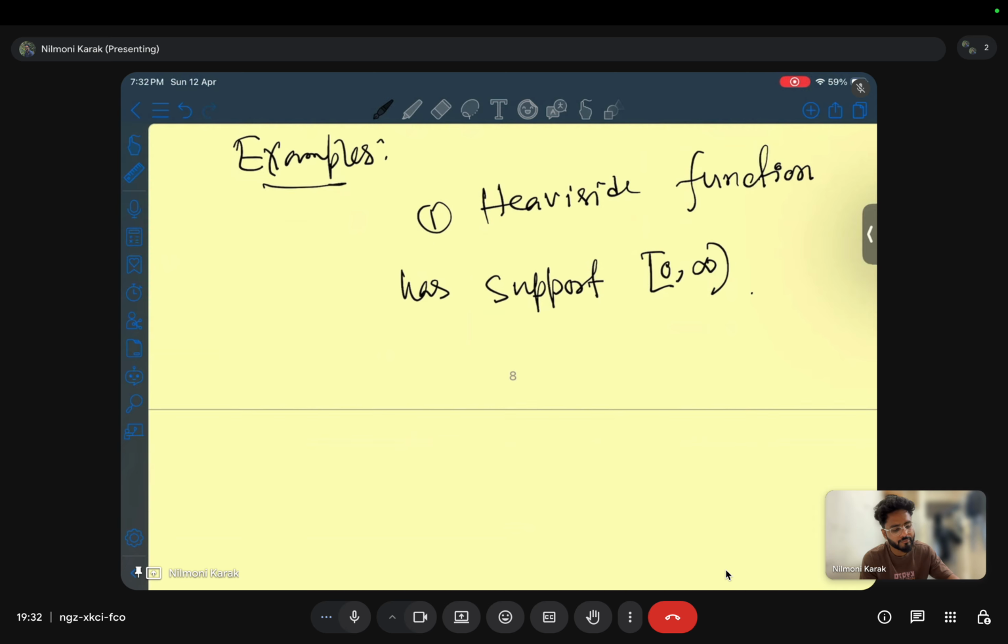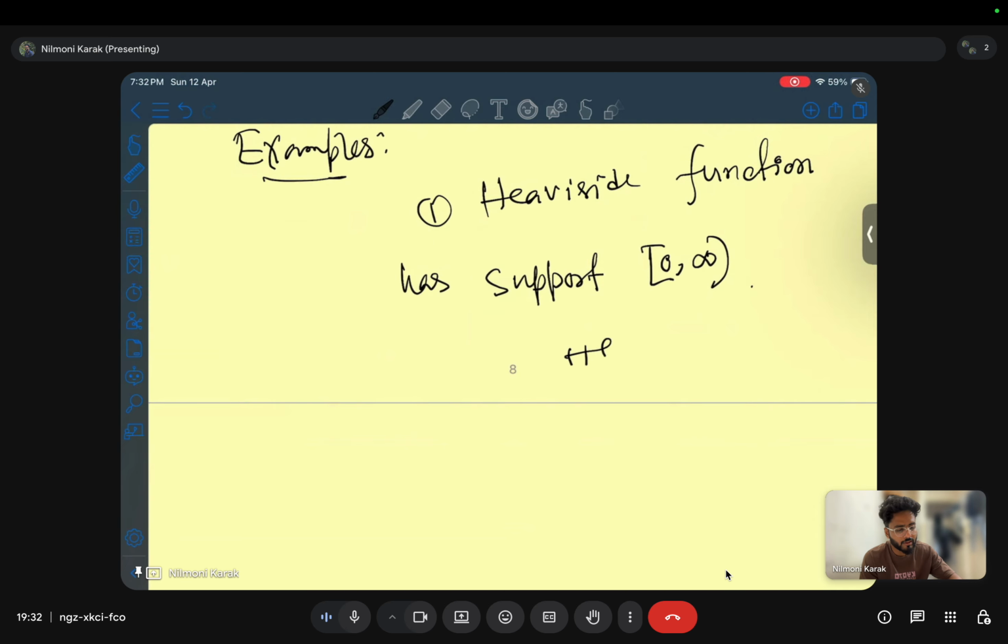Why? Because this vanishes for all x less than 0, and the set where it is not zero is 0 to infinity, and what is the closure? This is this.